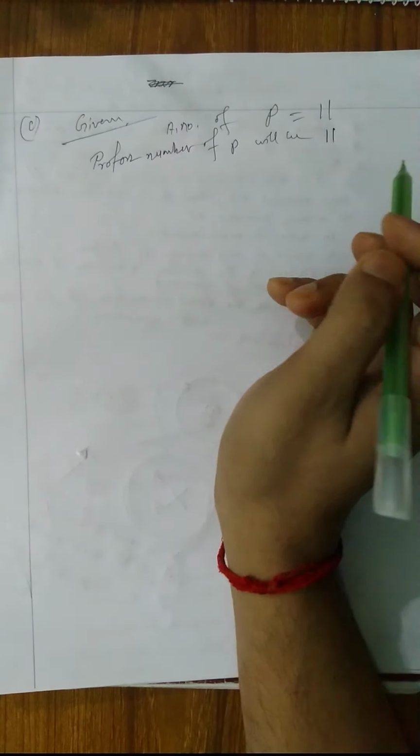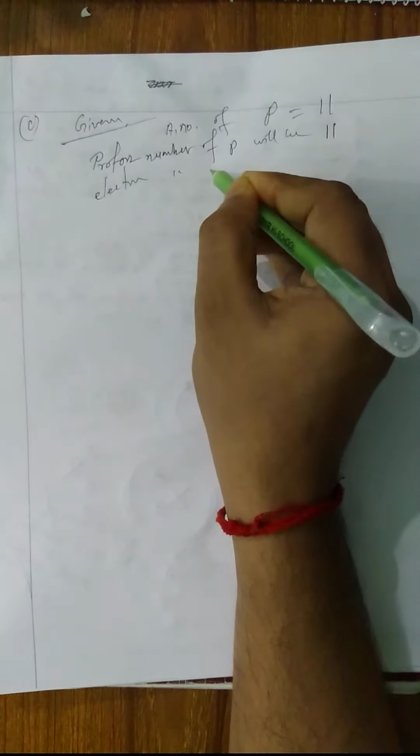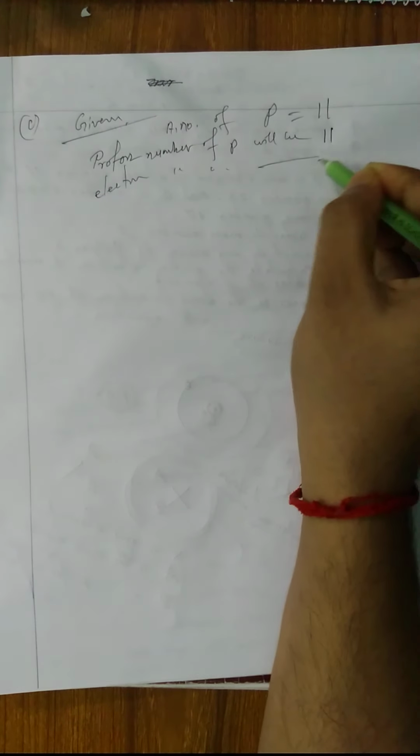We also know that the proton number and the electron number are equal. So the electron number of P will also be 11.